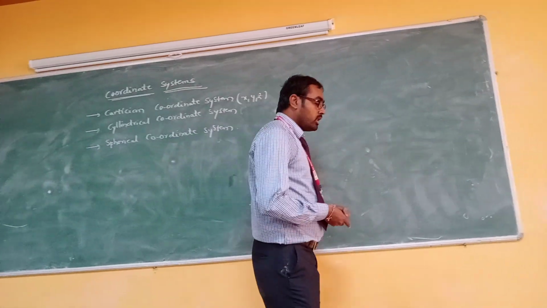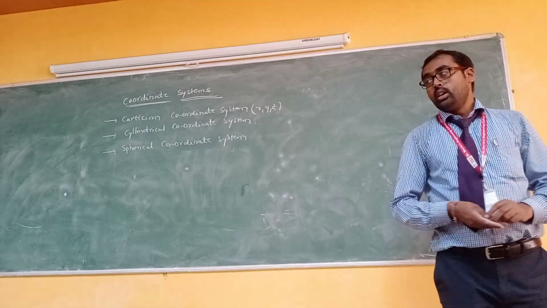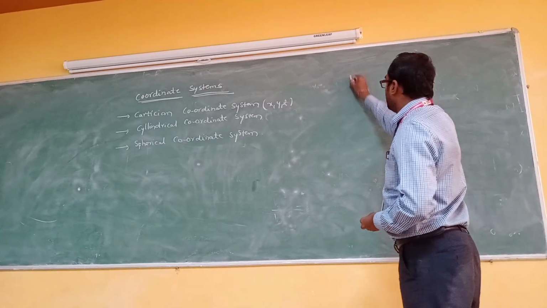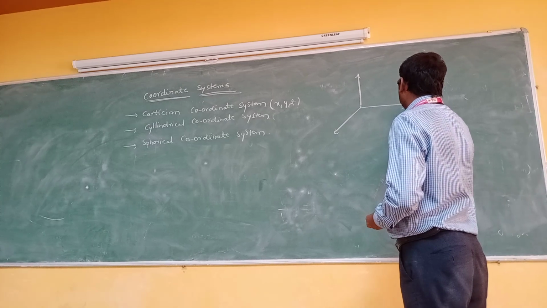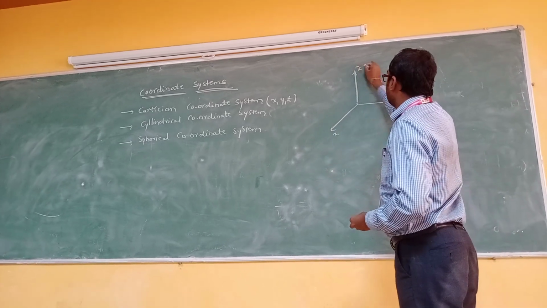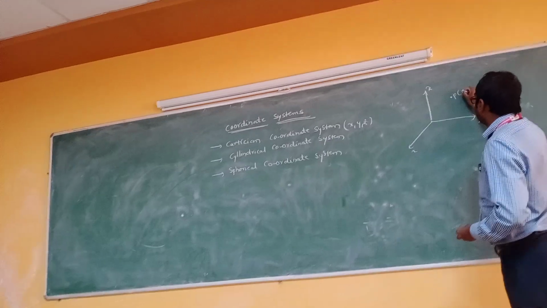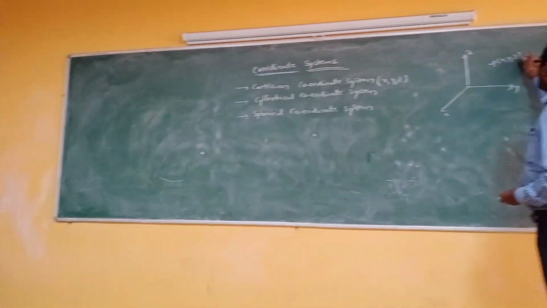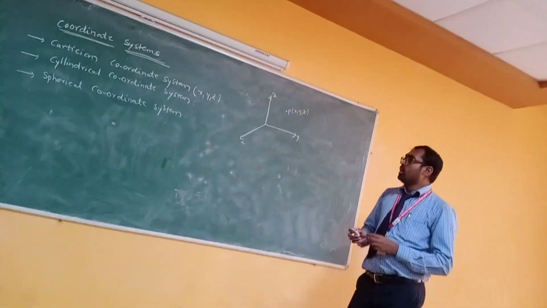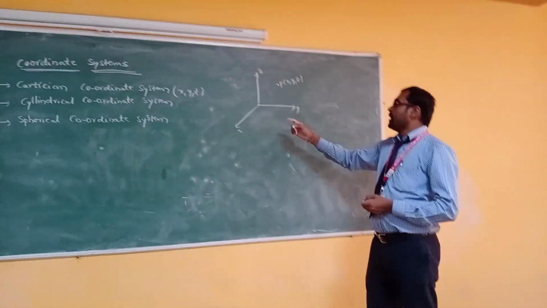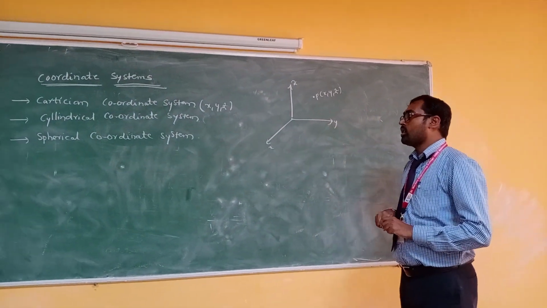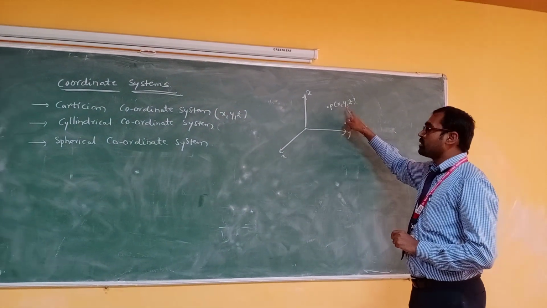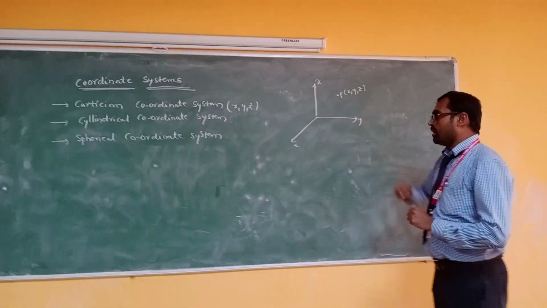The shape of this coordinate system is rectangular. If we take any point on that coordinate system, it has an x component, a y component, and a z component.